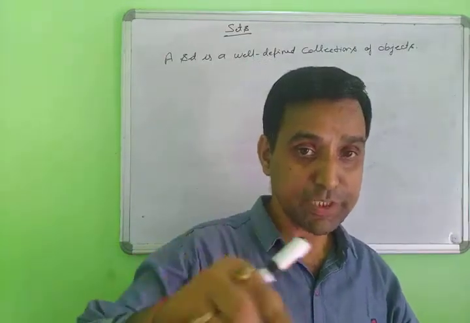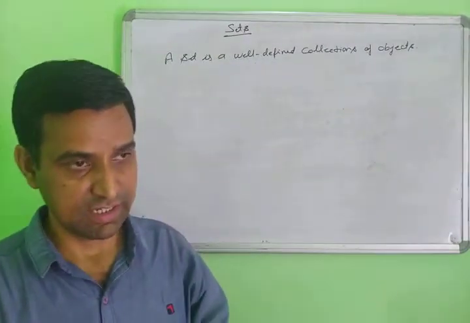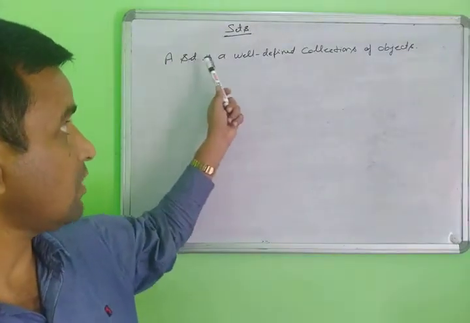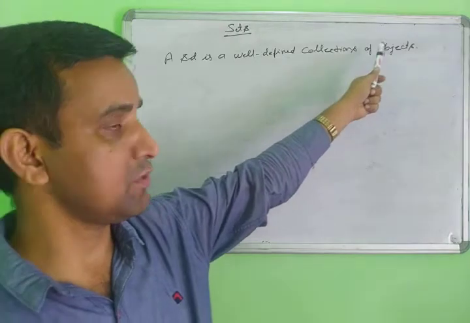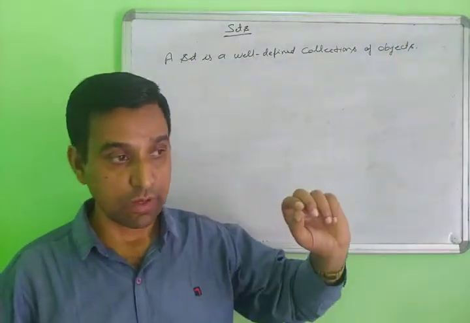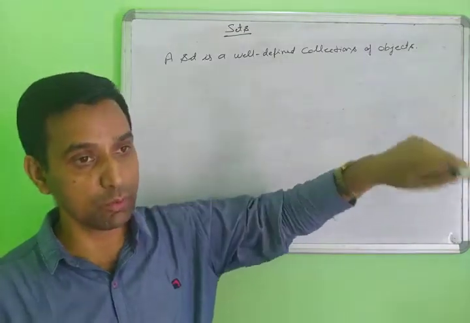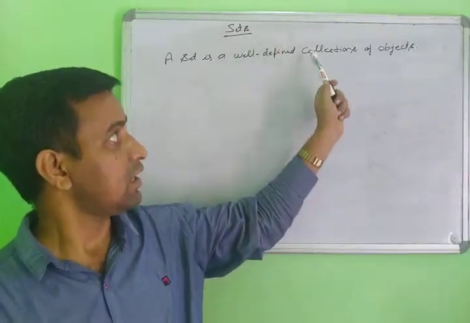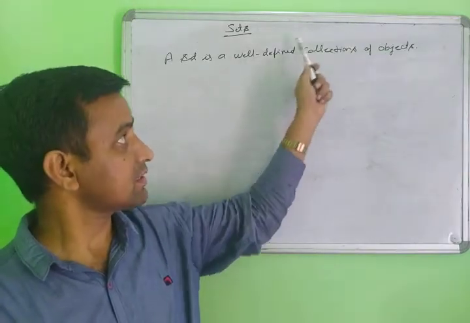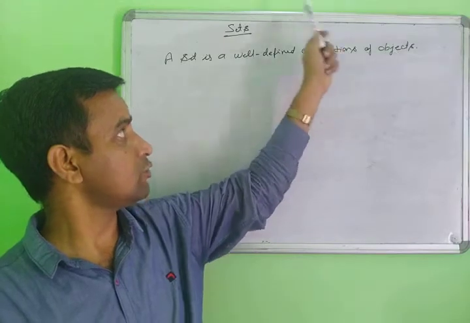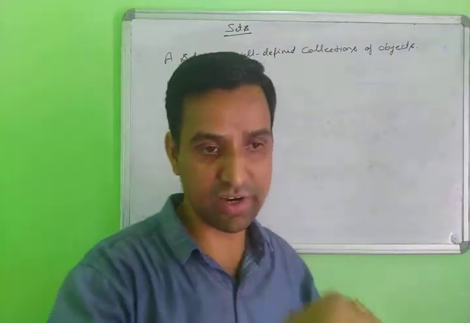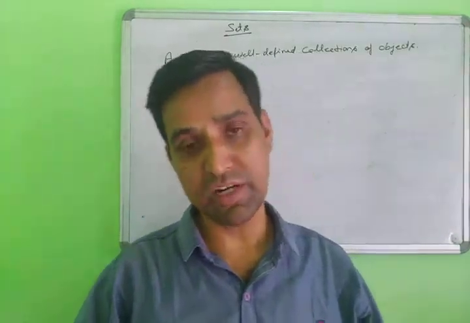But what is the specific meaning of a set? Now look here. The specific meaning: a set is a well-defined collection of objects. Which type of collection will we make a set from? Well-defined. Which collection of objects can you make a set from? Those objects should be well-defined. What is the meaning of well-defined here?